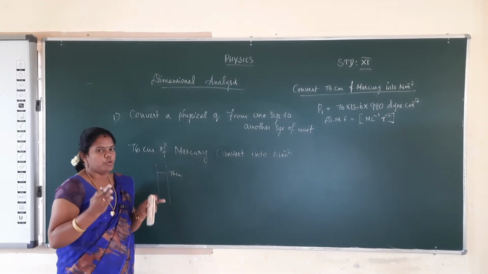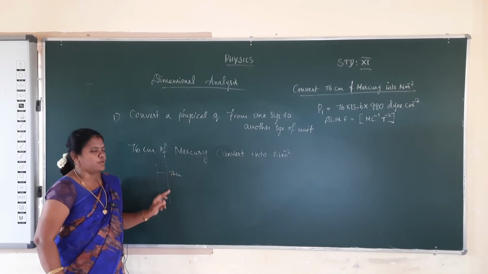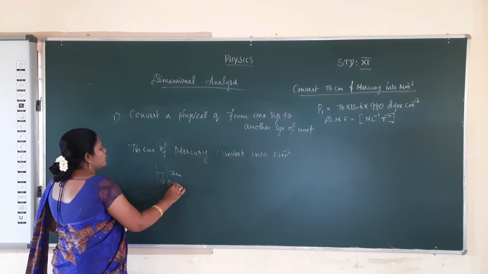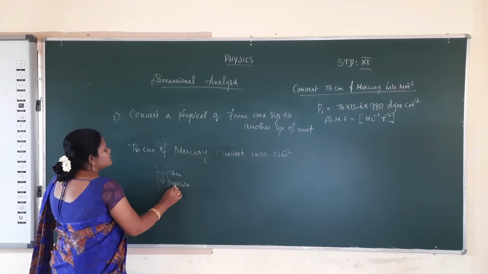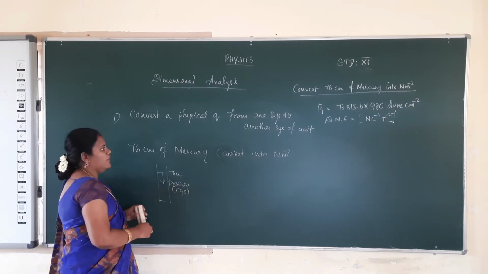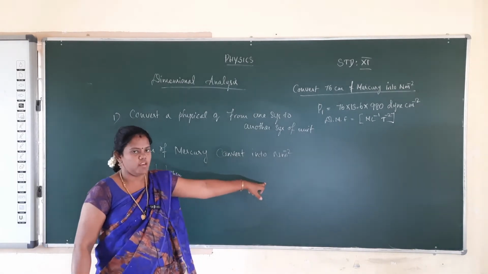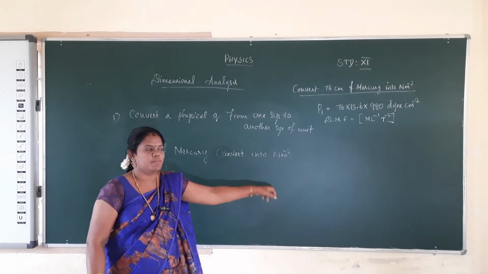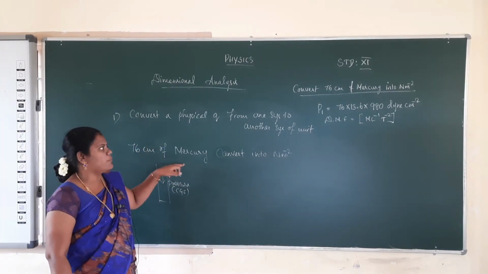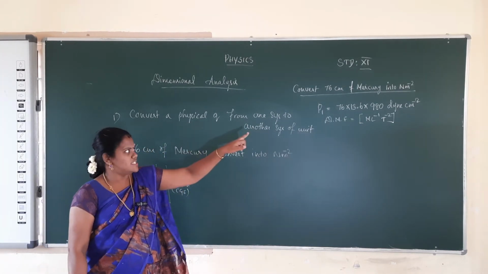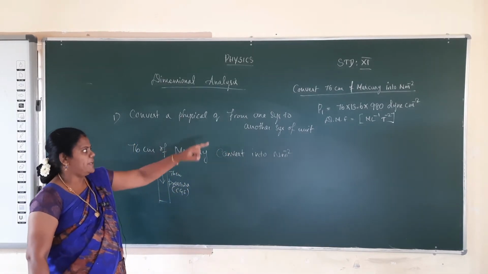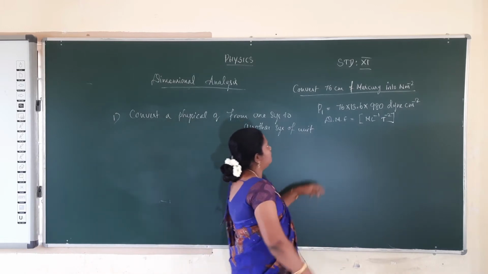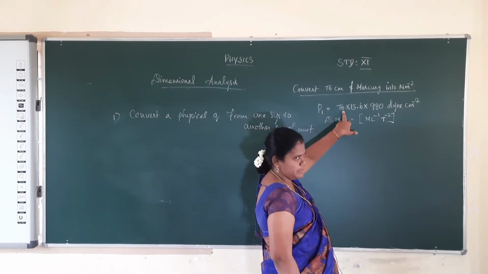Take a long tube and fill the tube with mercury up to 76 centimeter. The pressure attained there is given in the CGS system, and you have to convert it into the SI system. Okay. So convert a physical quantity from the CGS system to the SI system. So 76 centimeter mercury, first you take the CGS system values. Okay. So the pressure P1 is equal to 76 centimeter.